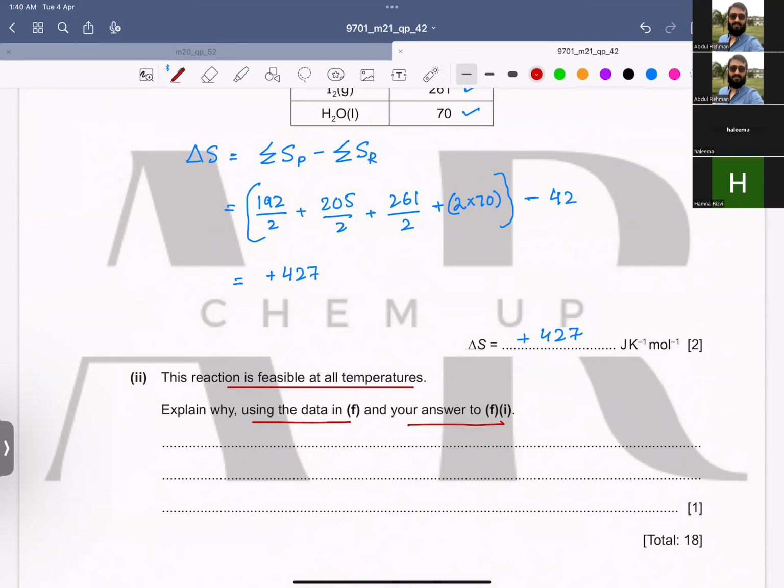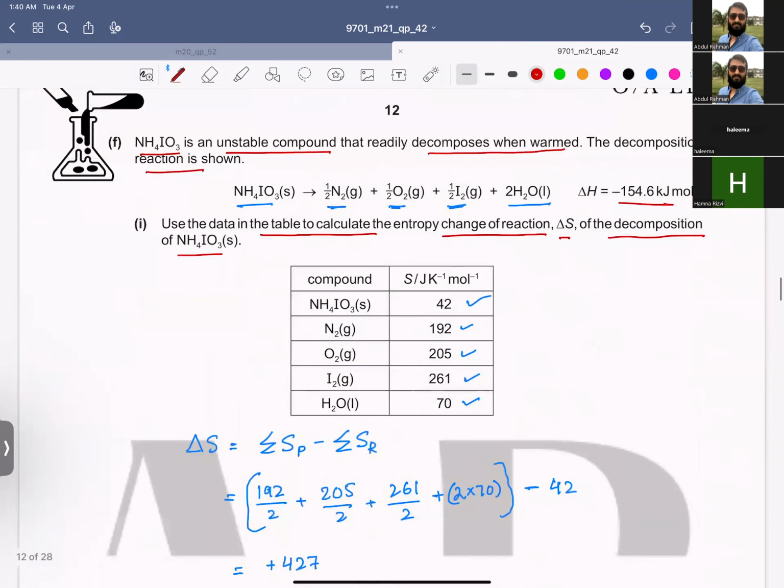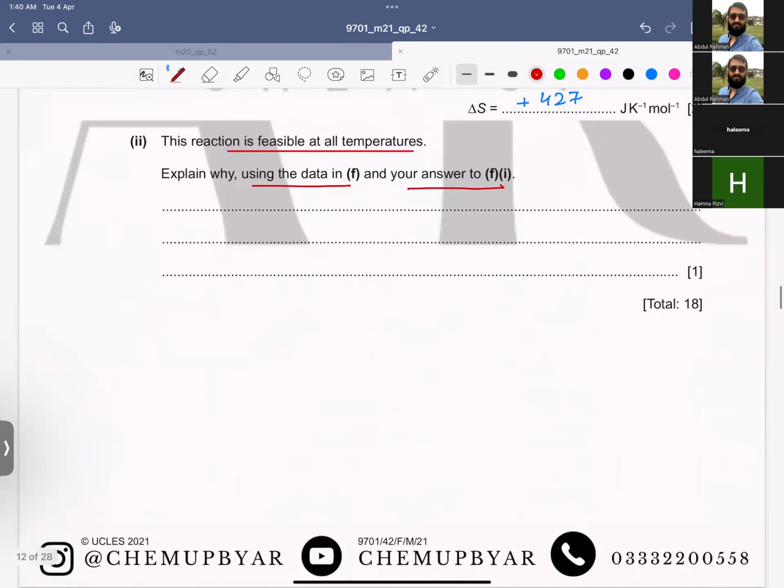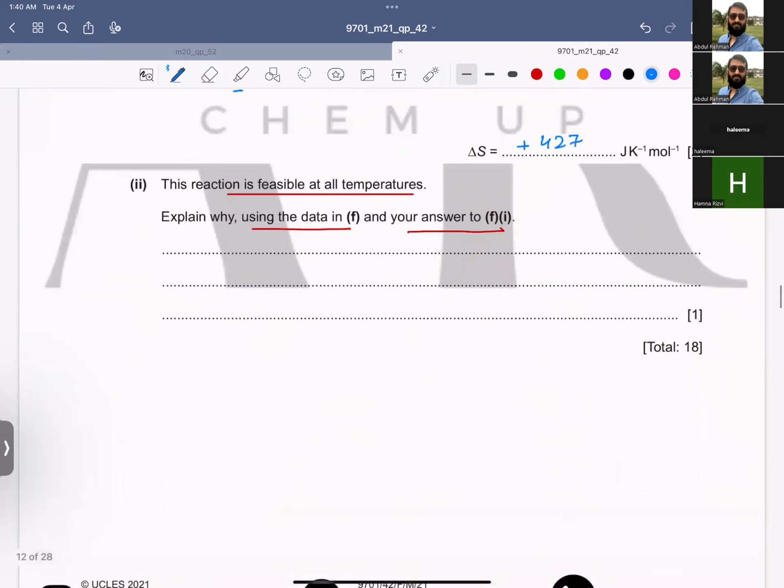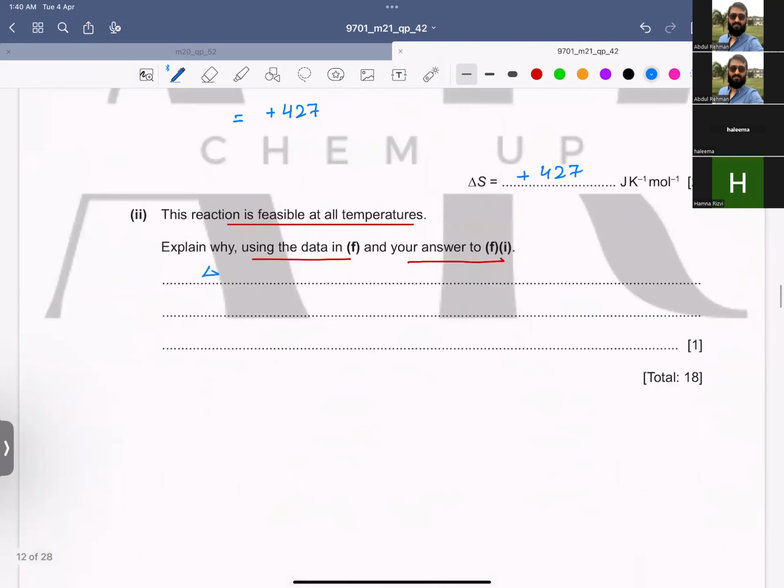So, first recall how we will calculate the Gibbs free energy. Gibbs free energy would be delta H minus T delta S, right? And for this reaction, delta H is negative, right?